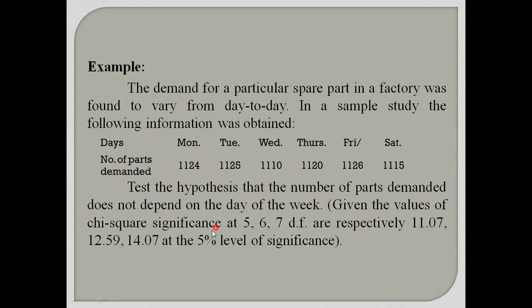They have given the chi-square values at 5% level of significance. If degrees of freedom is 5, then the value is 11.07. If degrees of freedom is 6, then 12.59. If degrees of freedom is 7, then it is 14.07. Using this, we are going to see the values.